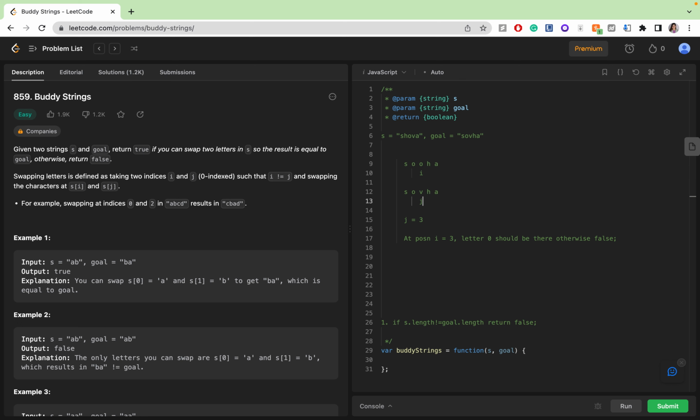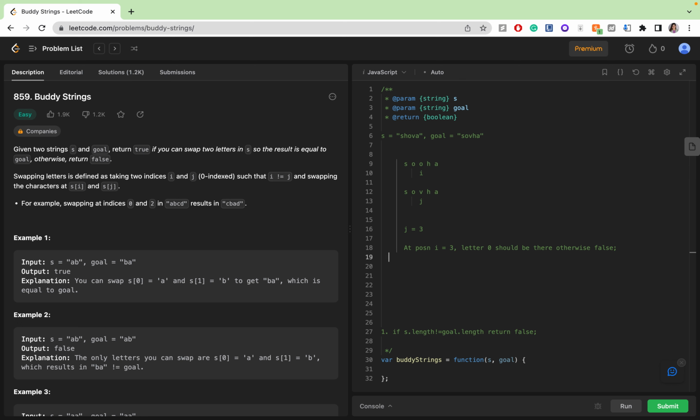So o should be there, otherwise false. Then continue with the comparisons. If one is false, then return false.